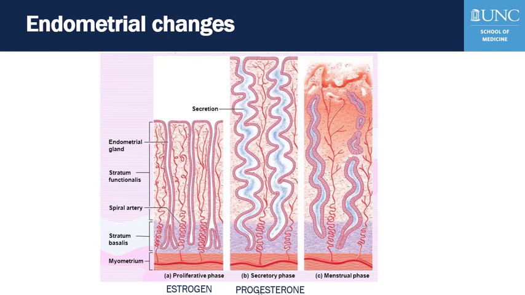Progesterone also has an important role in stimulating the endometrial glands to secrete glycopeptides and proteins to nourish the blastocyst, and stimulates both the glands and the spiral arteries to become more coiled. And so this phase is called secretory because of the increased activity of the glands.